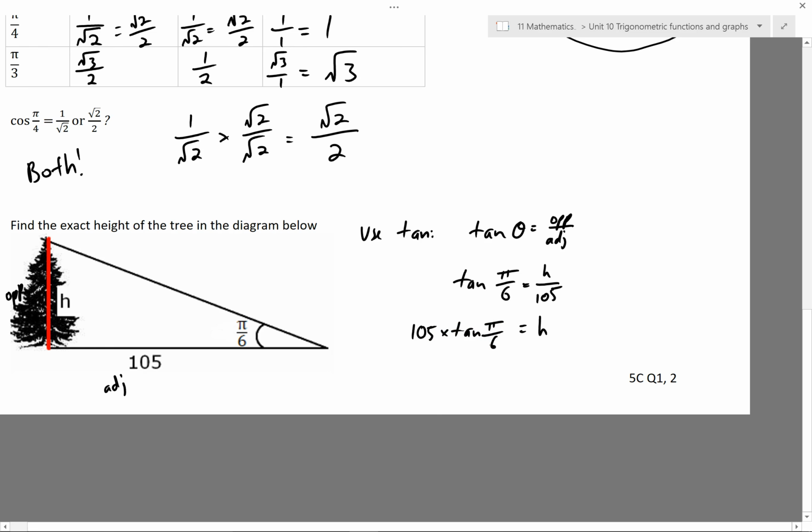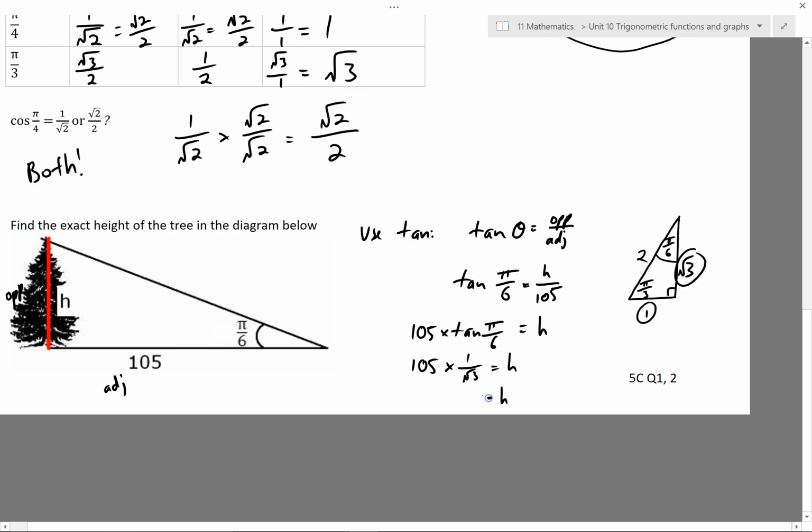So this is something that I would normally type into the calculator with my calculator in radians, but I could notice that that's pi on 6, draw my triangle, and identify that this would be 105 times tan of pi on 6, so opposite over adjacent from the point of view of this pi on 6, times 1 on root 3.